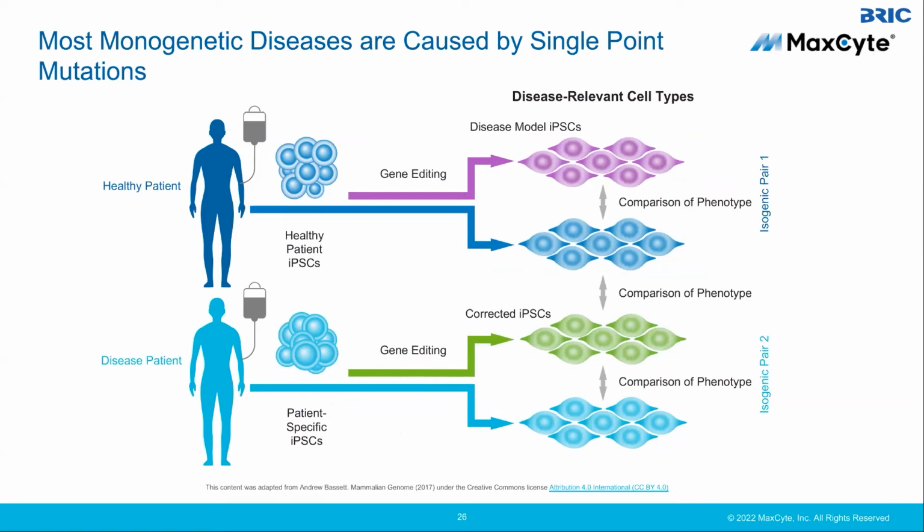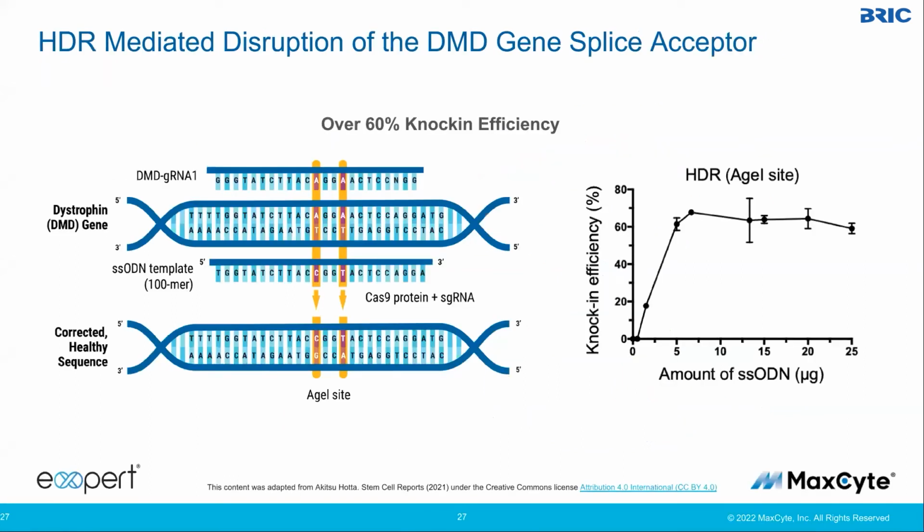So with this in mind, ssODN delivery is actually a very efficient way to mediate the HDR base pair substitution in iPSCs. Here you're looking at an example, also taken from a paper, of the DMD gene.